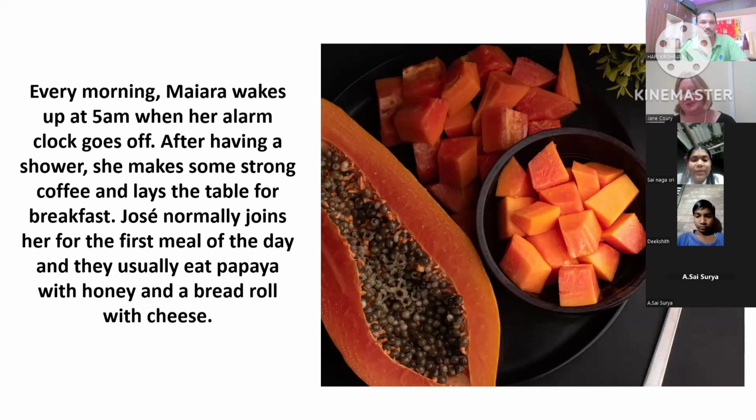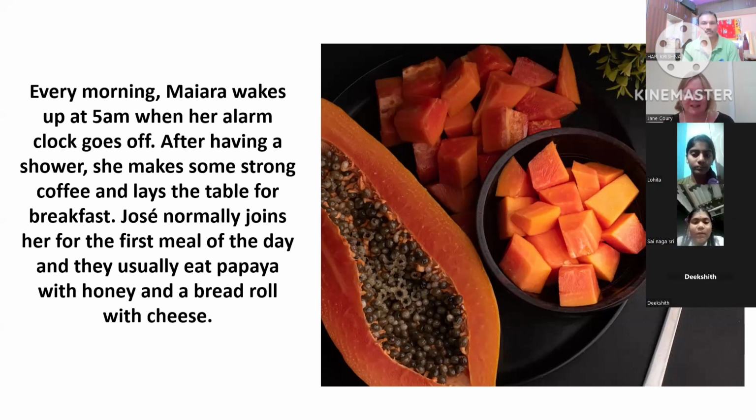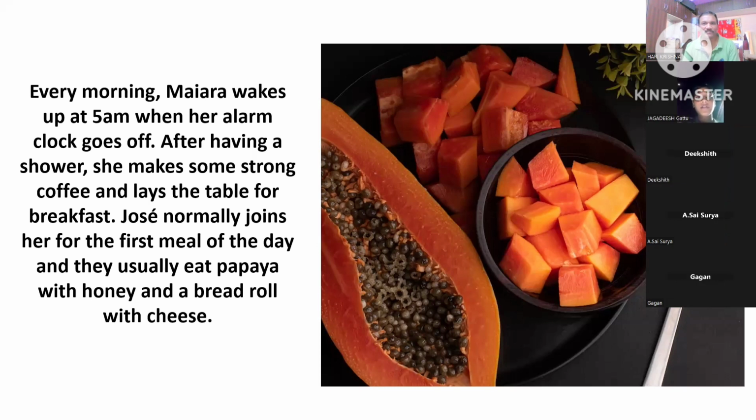Does she have breakfast with José, her husband? Yes, ma'am. Yes, she does. And what do they eat for breakfast? Papaya with honey and a bread roll with cheese. Excellent. Okay. So that's like a typical Brazilian breakfast. All right.